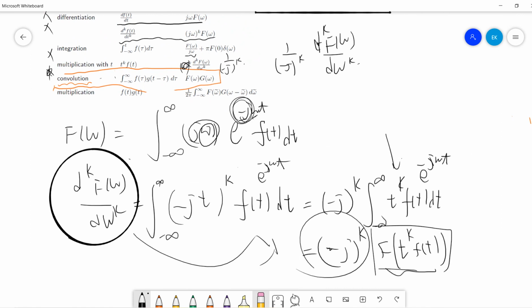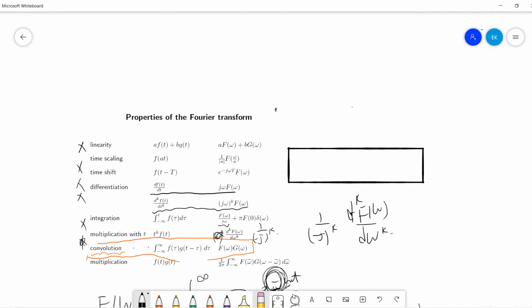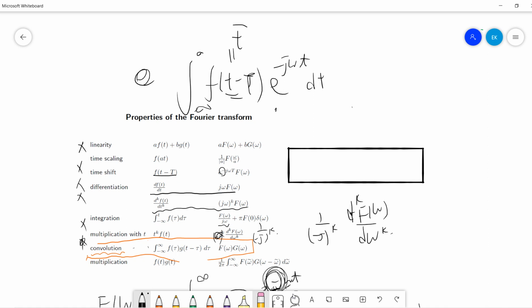I think in general for the transformation definition, this should be negative. That's why this is negative. The reason is that suppose you do this time shift, you change it to t tilde, then t will be t tilde plus tau, so there will be a negative here. So this should be 1 over j^k.